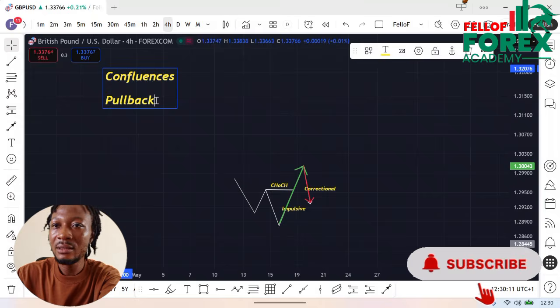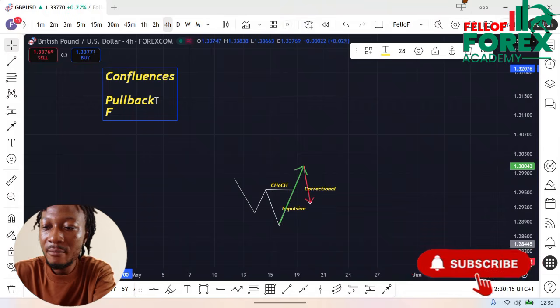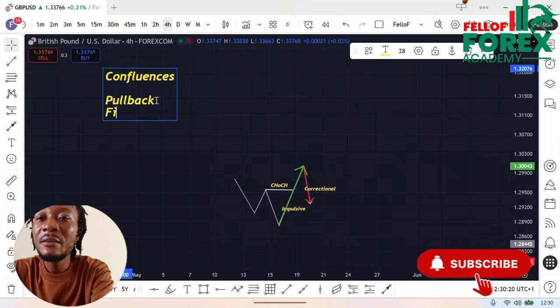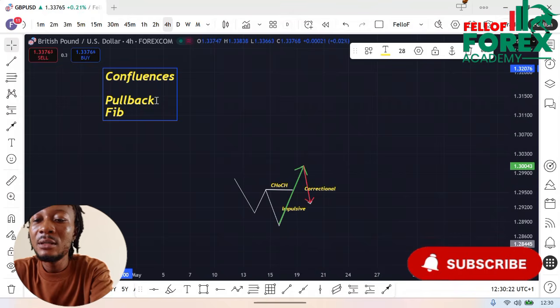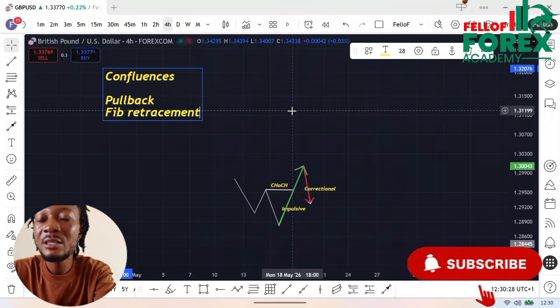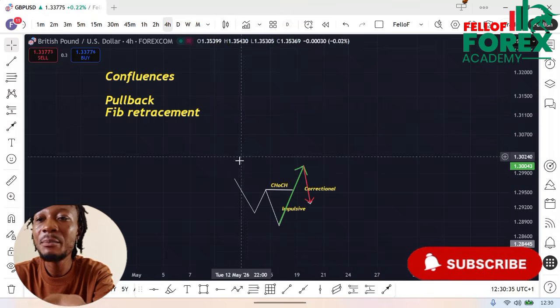The next thing you need that I always use is the Fib retracement. Now, what is a Fib retracement? That's where we use extra tools like the Fibonacci.